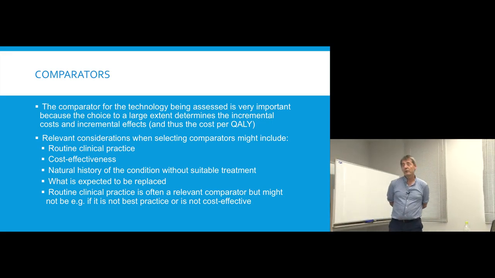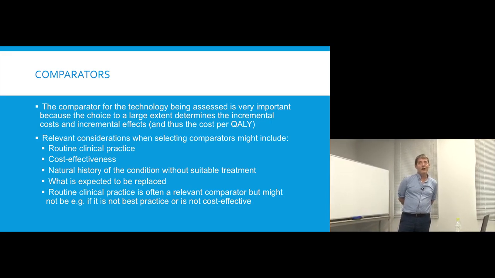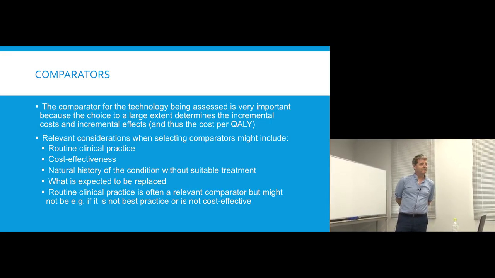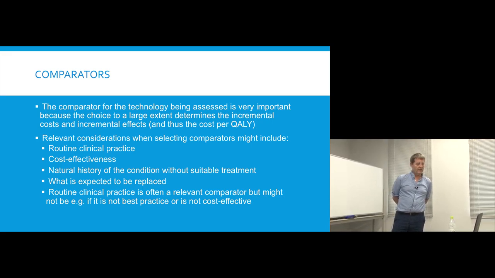As I said, routine clinical practice is a very strong candidate as a comparator, but it's not going to always be appropriate. For example, it might not be best practice. There's a condition called hyperuricemia, which involves acetic acid building up in your joints. And what happens is crystals form, and crystals in your joints can be very painful.